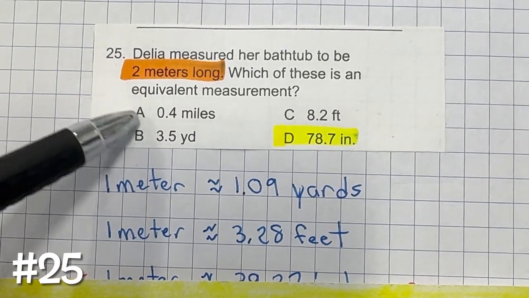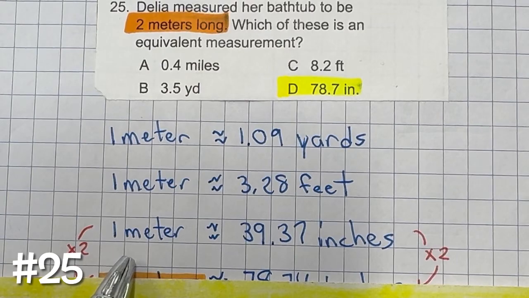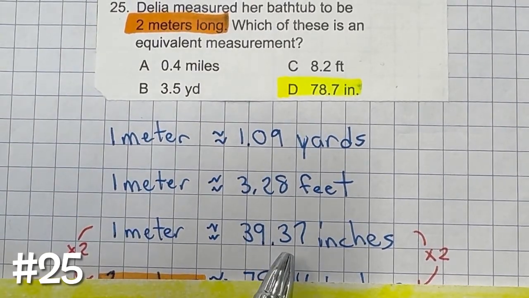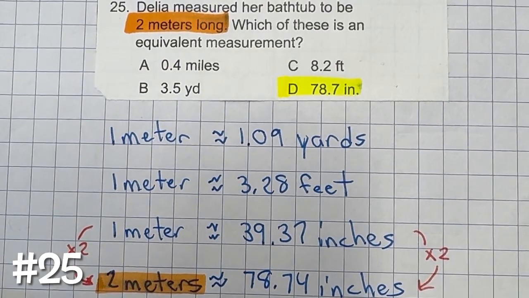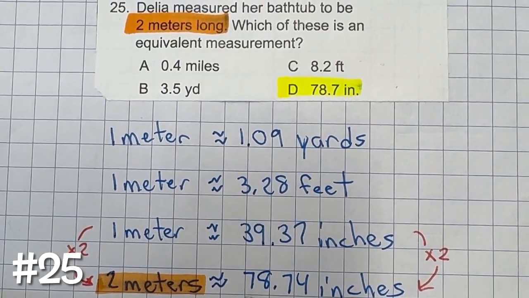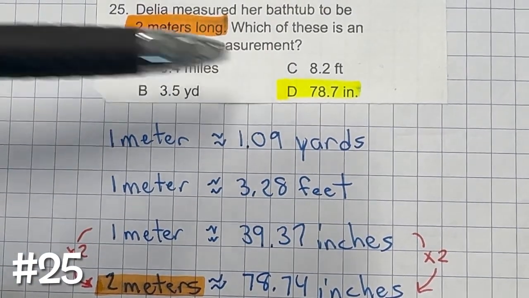That's going to be way too long. Here we have 1 meter equals 39.37 inches, and 2 meters equals approximately 78.74 inches. So D is going to be correct.